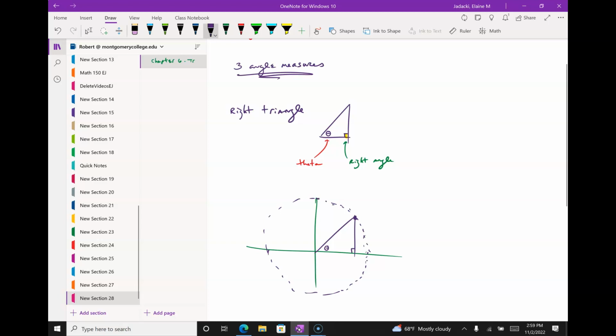Especially interesting when the circle is of what size radius? Not pi.